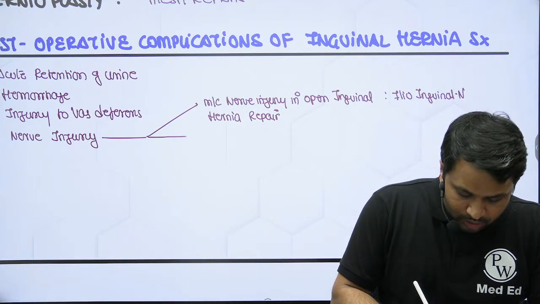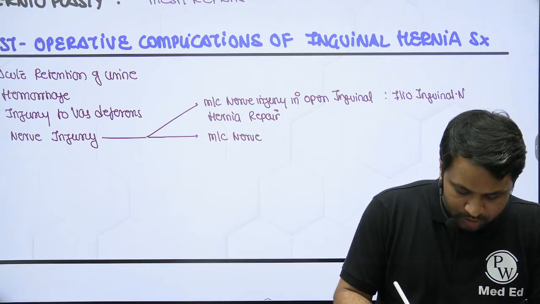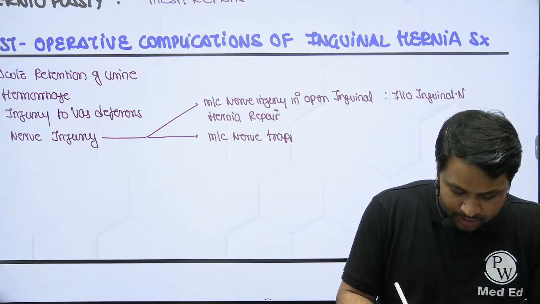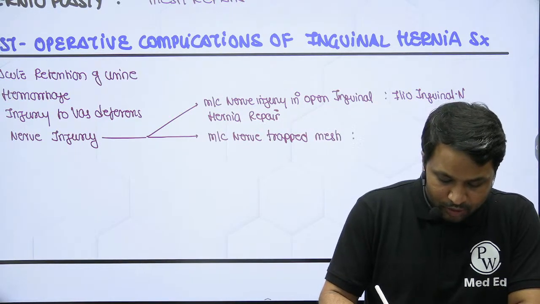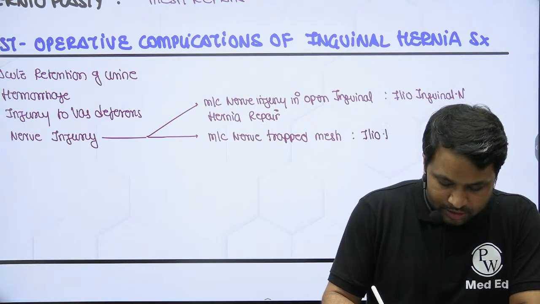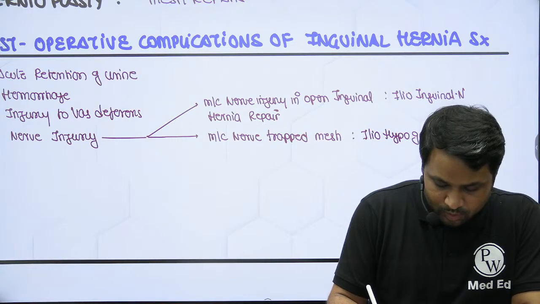Most common nerve trapped in mesh: when you put a mesh, sometimes it can encase a nerve, and that is going to be the iliohypogastric nerve.